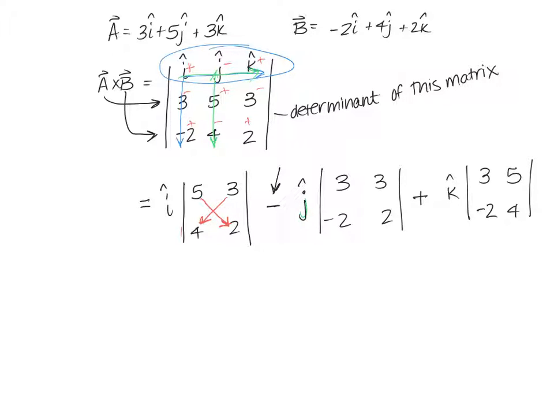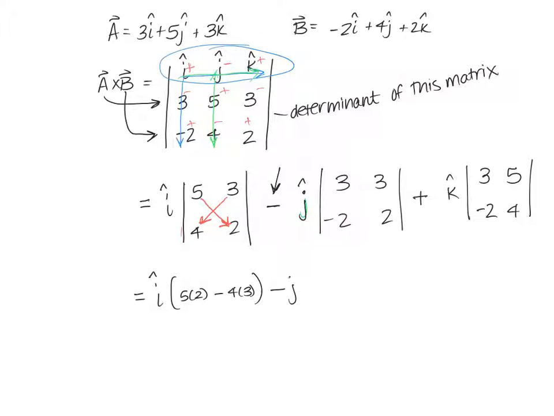So now we're going to find the determinant of each of these matrices. The determinant of the 2 by 2 matrix will then tell you the magnitude of each of these components. So in the x direction, or the i hat, we get 5 times 2 minus 4 times 3.